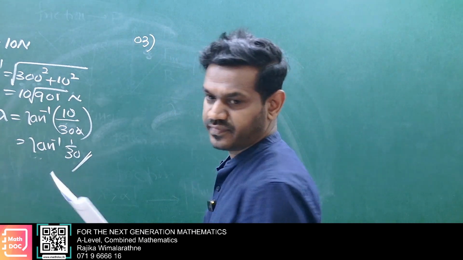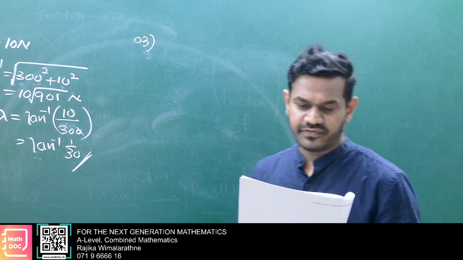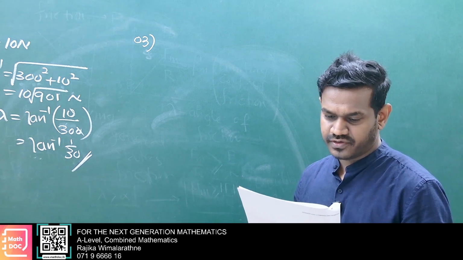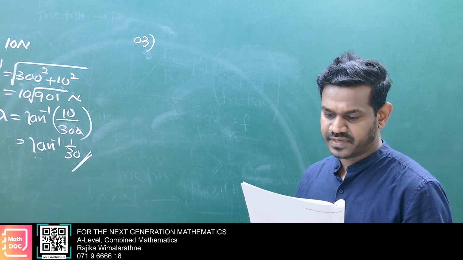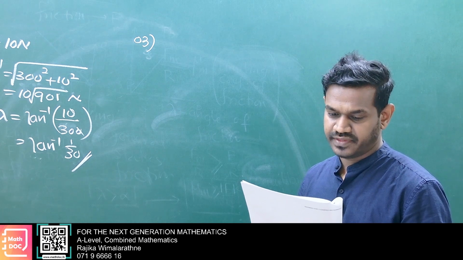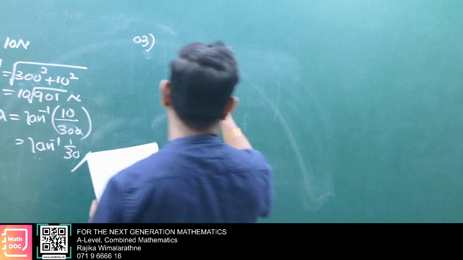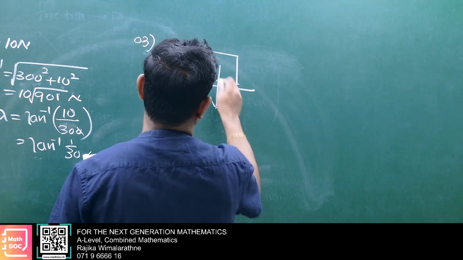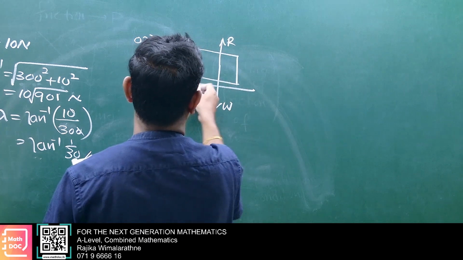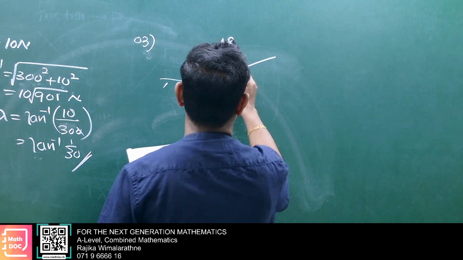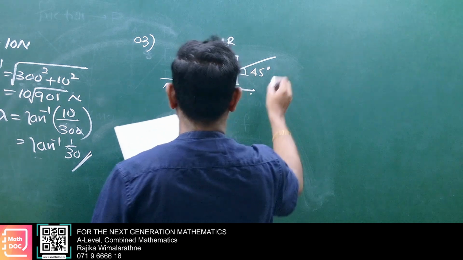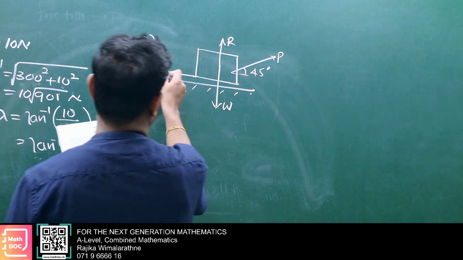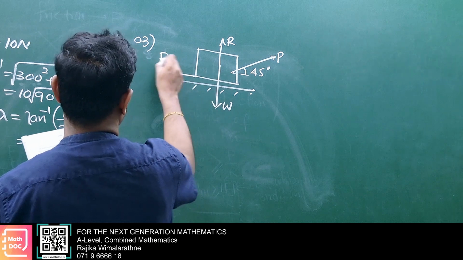Question number 3. A wooden block of weight W with a plane base rests on a rough horizontal plane. It is being pulled by a force P applied on the block in a direction which makes an angle of 45 degrees with the horizontal. Mark the weight W, the reaction, the force P at 45 degree inclination, and friction F along the surface.